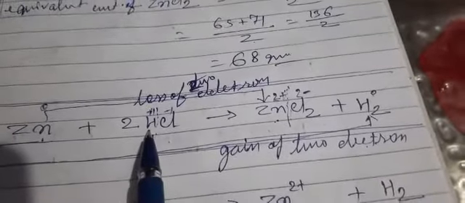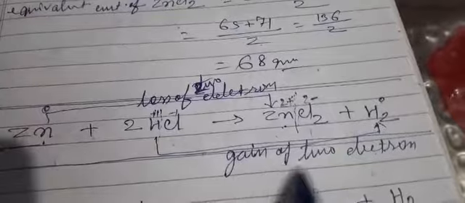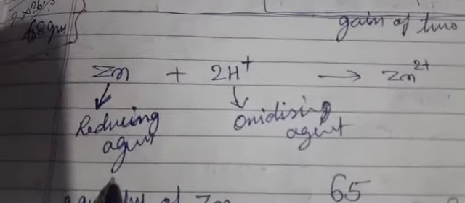So 1 hydrogen accepts 1 electron, so 2 hydrogen will accept 2 electrons. So there is a loss and gain of 2 electrons. So HCl is undergoing reduction, whereas zinc is undergoing oxidation. You know that anything which undergoes oxidation is a reducing agent. So that's why zinc is the reducing agent.